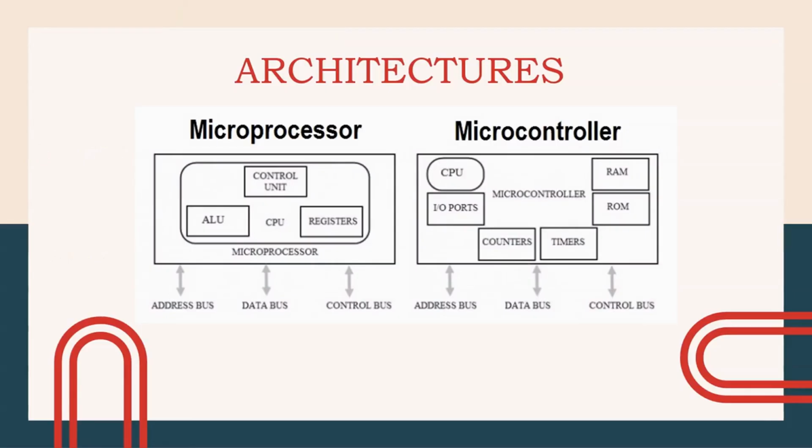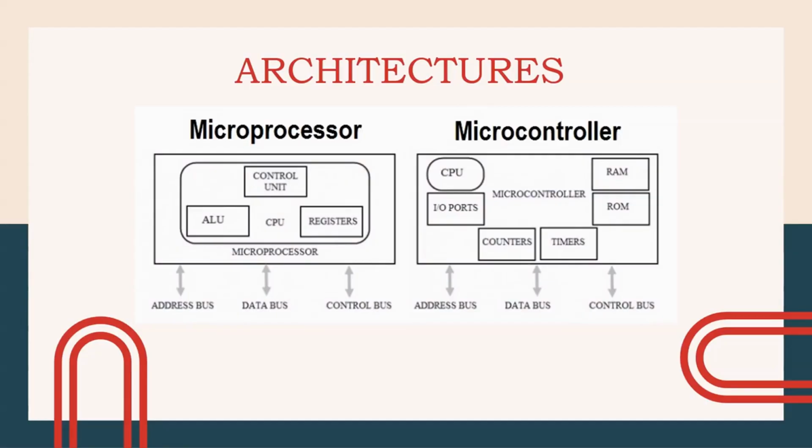These are the architectures of the microprocessor and microcontroller. In a microprocessor, there are three parts: one is the arithmetic logic unit, second is the control unit, and third is registers. To communicate with the system, there are an address bus, a data bus, and a control bus.